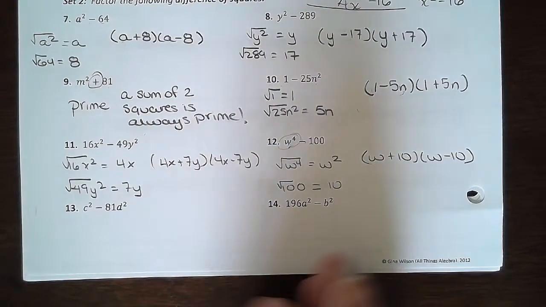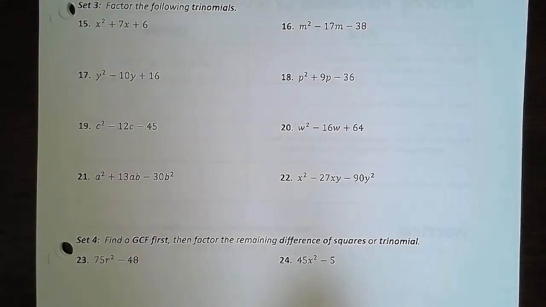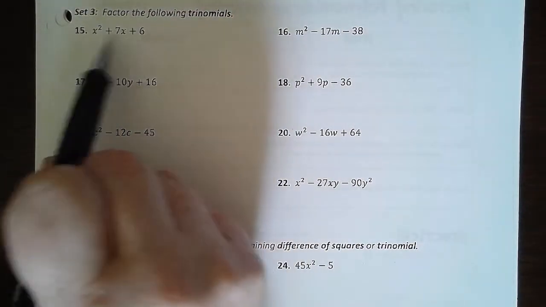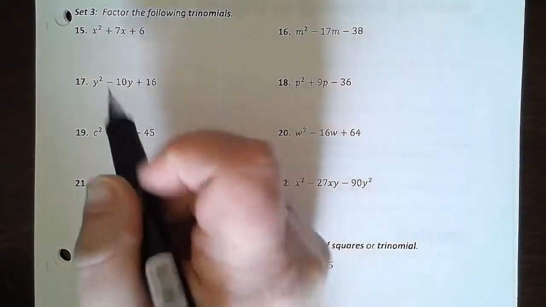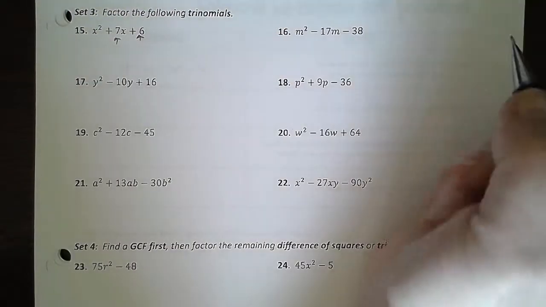Okay? So the next type of factoring that I'm going to talk to you guys about is just your general trinomial factoring. And that is when you have a trinomial and you're trying to figure out what two factors end up being that. So what I do is I look at this number and I look at this number right here.